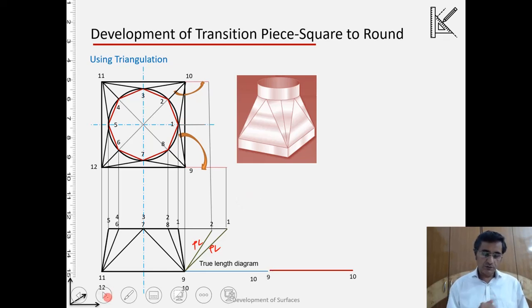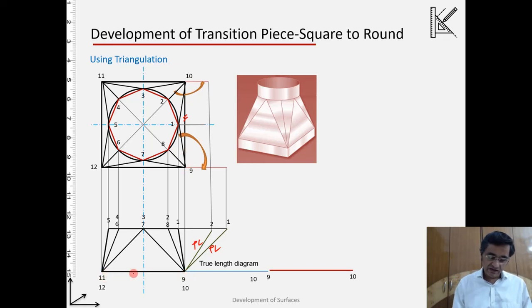So what we will do, we'll start with say 9, 10, and this length 9, 10 is the true length here. This length is the true length because you can see this is the point view of line 9, 10, and it is parallel to the horizontal plane.